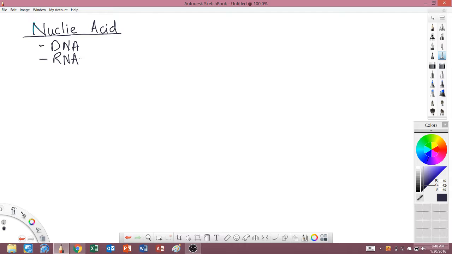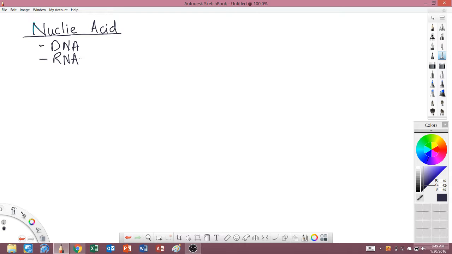So what do they look like? When it comes to medicine, looks are the most important thing. Looks meaning anatomy. Things you can see with your eyes are gross anatomy. Things you cannot see with your eyes are microanatomy or histology, the same thing. So let's go over histology. You first have to know what DNA looks like.